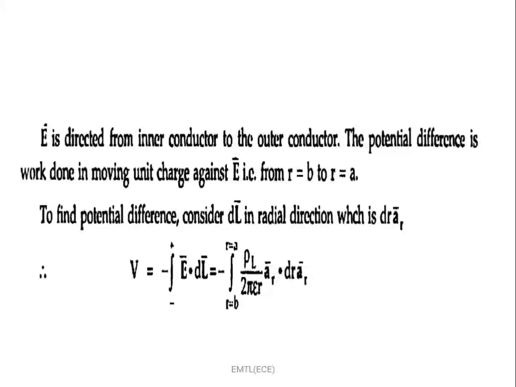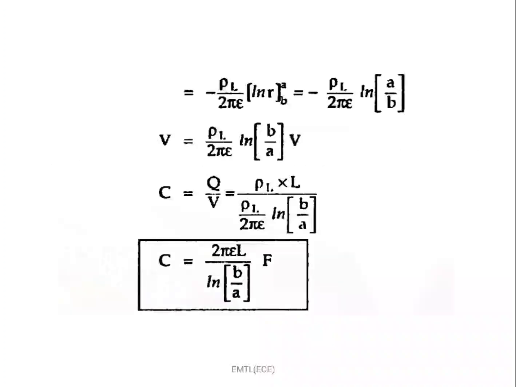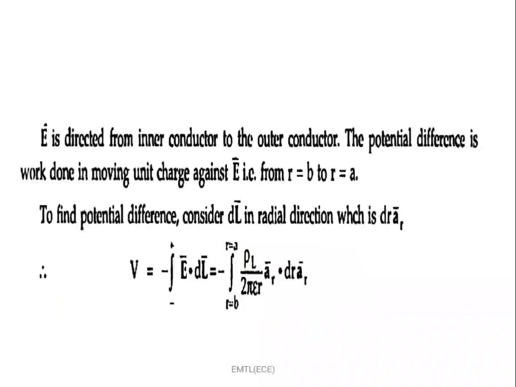So that's why here we take the dl value only up to dr AR bar. Now the dot product AR dot AR is equal to 1. Then here the variable is r. Rho L by 2 pi epsilon is constant, so we write it before the integration.